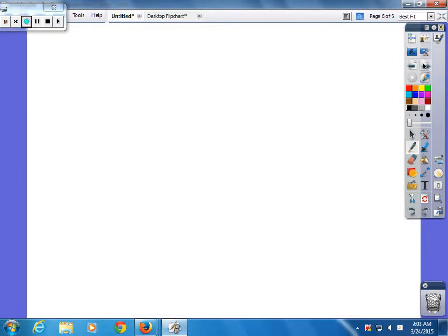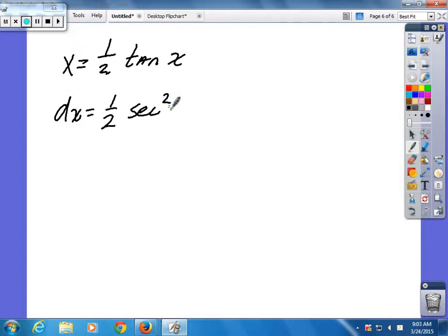So using these three things, and I'm going to go to the next page, x is equal to 1/2 tangent of theta, and dx is equal to 1/2 secant squared of theta, and secant of theta is equal to the square root of 4x squared plus 1.